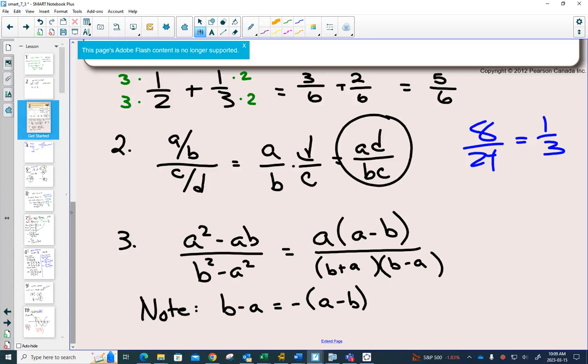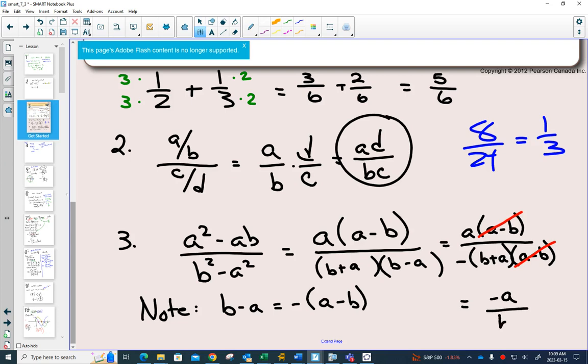So that would allow me to rewrite this A over A times A minus B over, factored out a negative, I still have the B plus A, but now I have A minus B. Now these are identical, and they can simplify, leaving me with negative A over B plus A. If you have a negative in a fraction, and that negative is in the denominator, you can move that negative to the numerator, or you can put that negative in front of the fraction. You can choose where you want to put that negative.